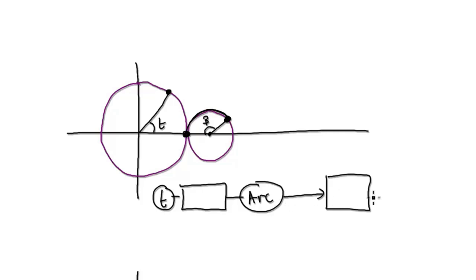You feed the arc length into the second machine, and the second machine just spits out an angle beta. So that's our aim.